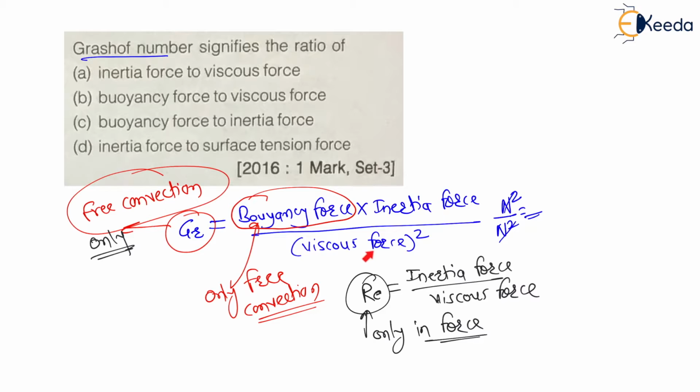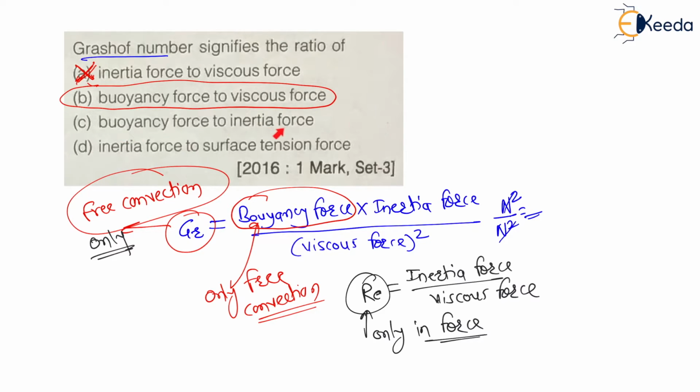Now, inertia force and viscous force are also in the Reynolds number. Therefore, we cannot go for option A, because inertia and viscous forces are used in both free as well as forced convection. The second option, buoyancy force and viscous force: yes, 100% correct, because buoyancy force is only for free convection and Grashof is also only for free convection. Therefore, option B is correct.